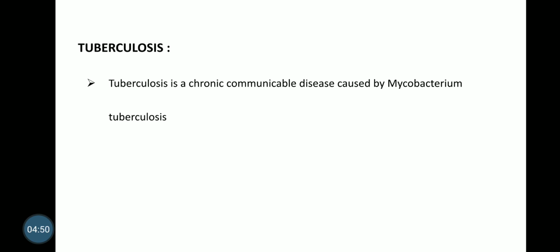After the breakdown, the bacilli get circulated through the lymph and blood to different parts of the body, and the other parts also get infected. Then it starts infecting the healthy organs.